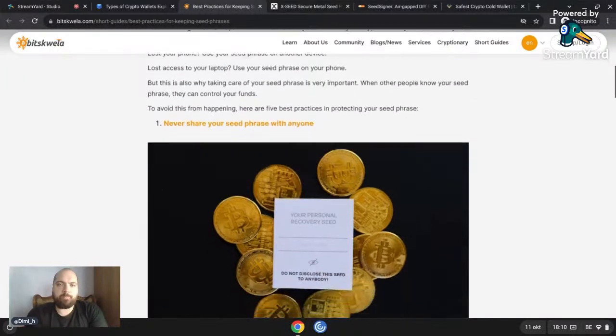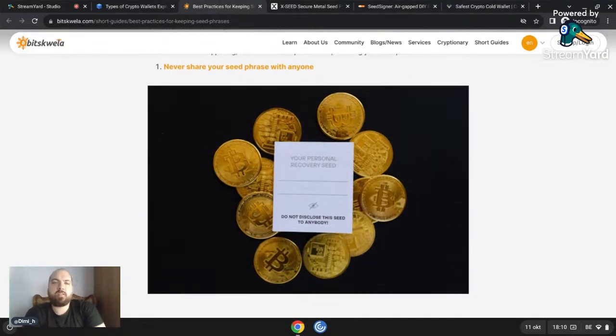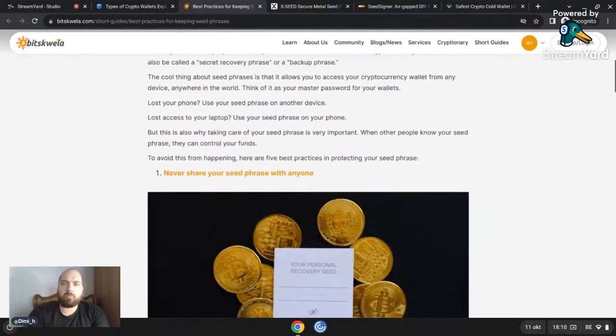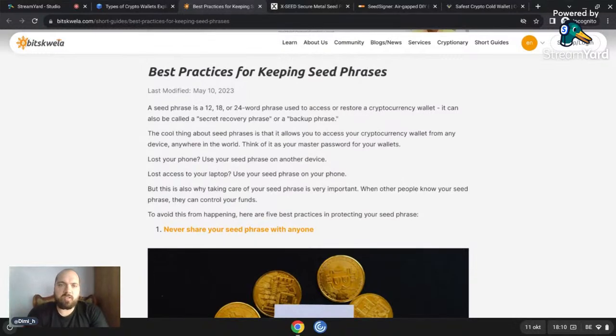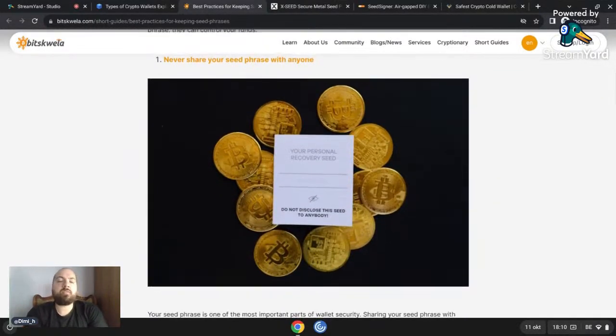Anyway, the most important aspect here is your seed phrase. Lose your seed phrase, your recovery seed, or whatever they call it here, secret recovery phrase or backup phrase, and your funds can never be recovered ever again. Your seed phrase is the literal key to your funds.